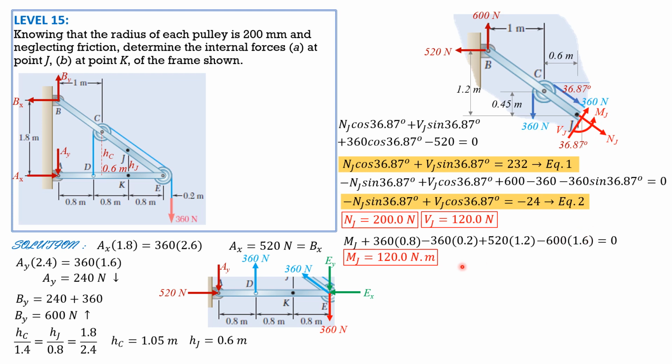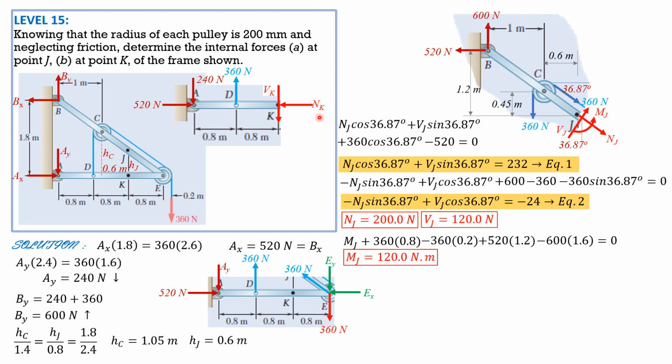Then for the internal forces at K, let's isolate this as a free body diagram as shown. Then we have reactions AX 520 to the right, AY 240 downward, then tension here 360, then the internal forces: it should be compression for NK, then downward for shear at K, then moment clockwise as shown.